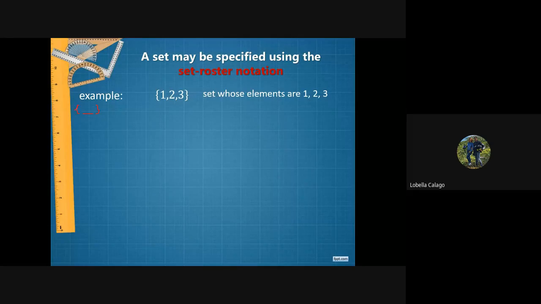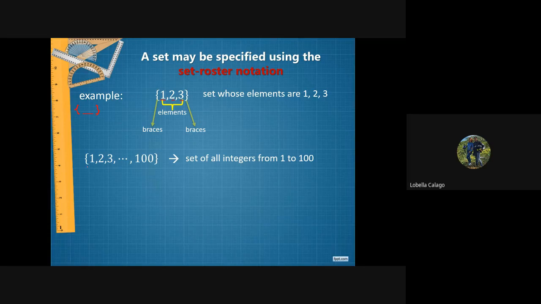This is a sign that you're talking about a set. Okay? So you start with an open and closed braces. Okay, so for our example, we have a set whose elements are 1, 2, and 3. So these are the open and closed braces, and these are the elements.